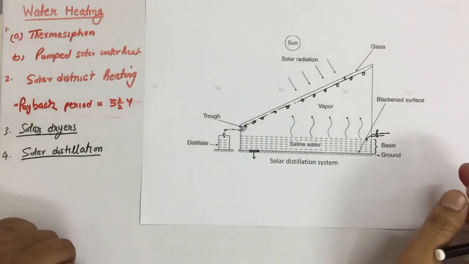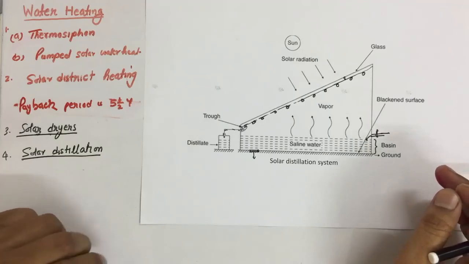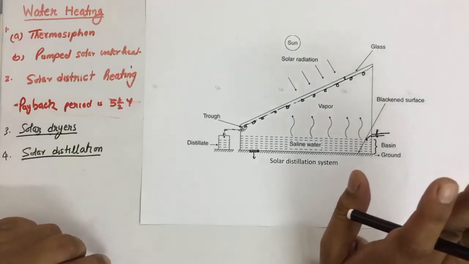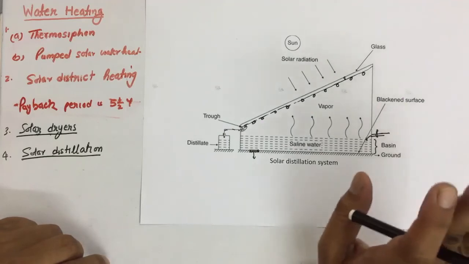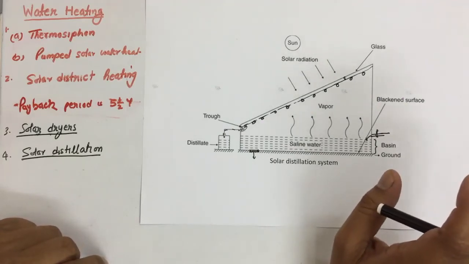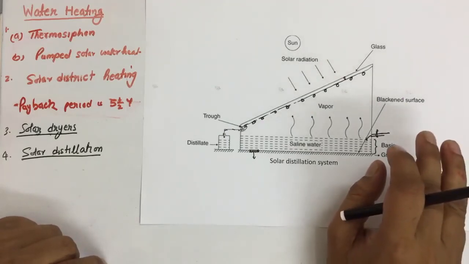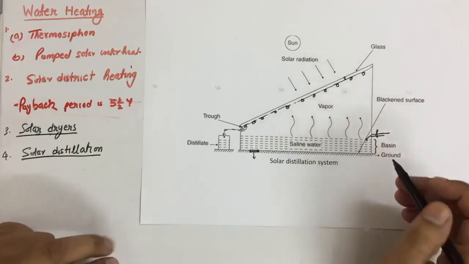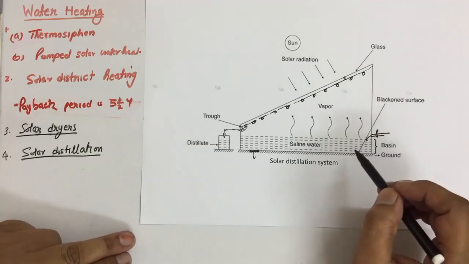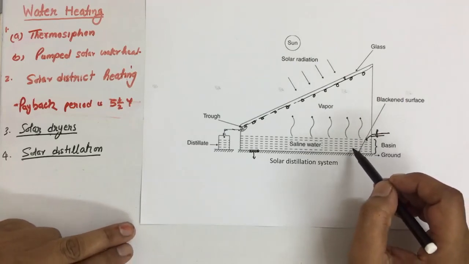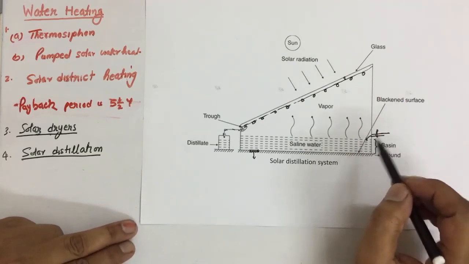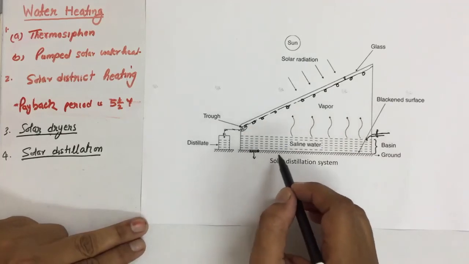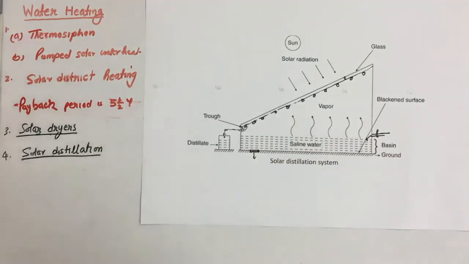And if we talk about the working principle of it, then we can say it is based on the simple scientific principle of evaporation and condensation. In the system, the saline water is filled in the basin, which is painted black at the bottom.